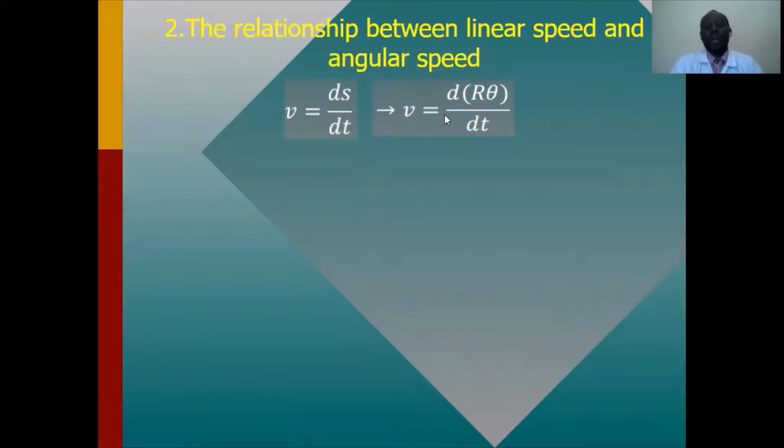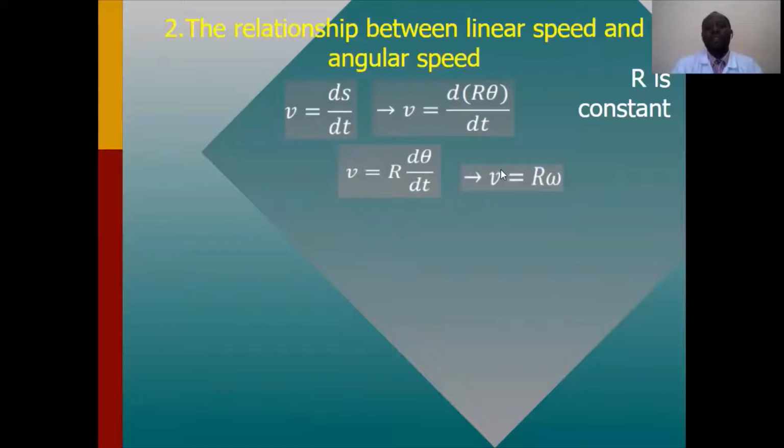So as r is a constant, we have linear velocity v is equal to the radius times the derivative of angular displacement theta with respect to time. So remember, derivative of theta with respect to time is angular velocity. Finally, we have linear velocity is equal to the radius times angular velocity.